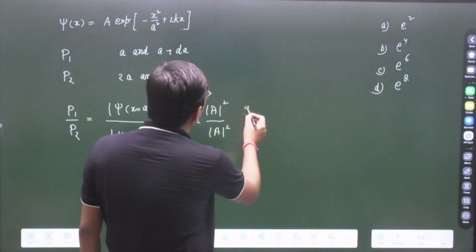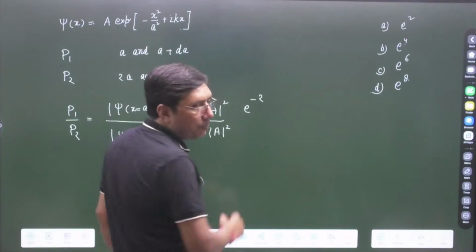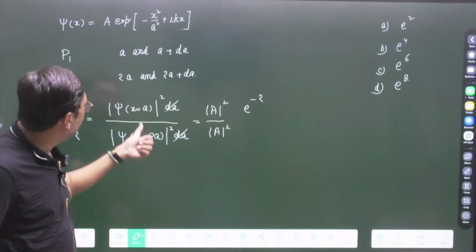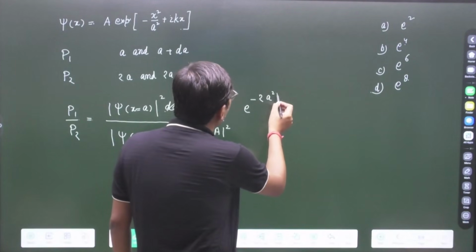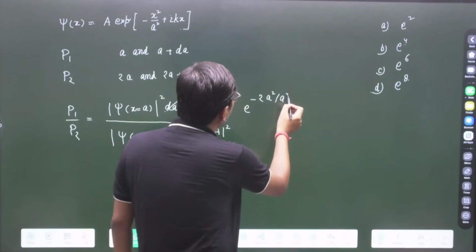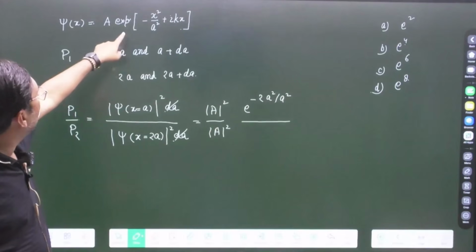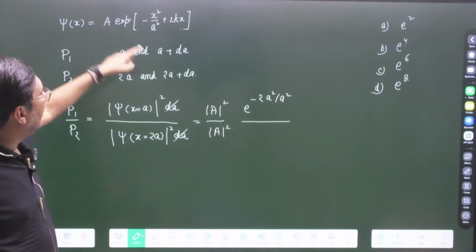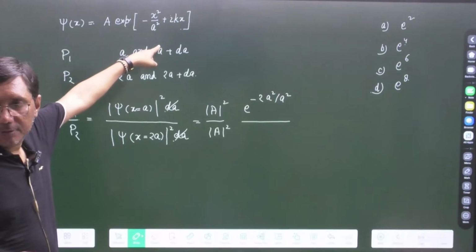E to the power minus 2 times x square upon a square. X का value कितना है? A. So this will be 2a square upon a square divided by here. Again you are doing the square. So it will be again a square is here, e to the power minus 2x square upon a square.